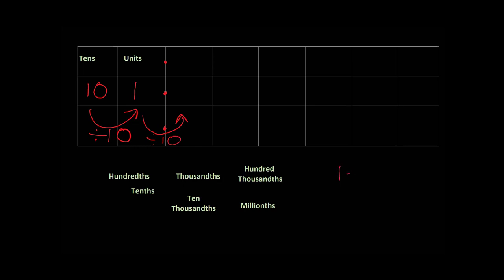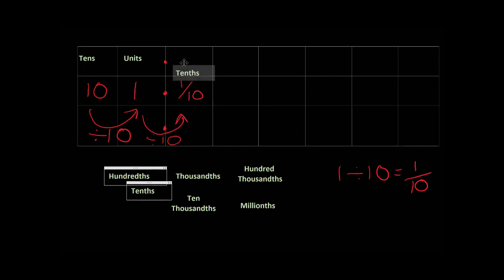So 1 divided by 10, its simplest way is 1 over 10, and that is called tenths. Let me just move that label up there. Really important to know that the decimal point always stays between the units and the tenths.